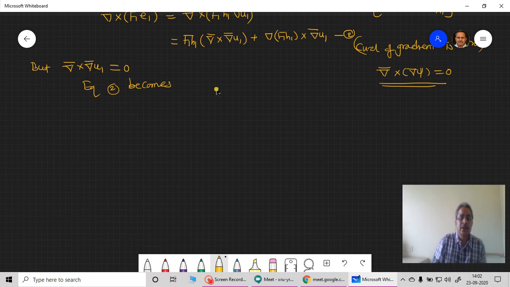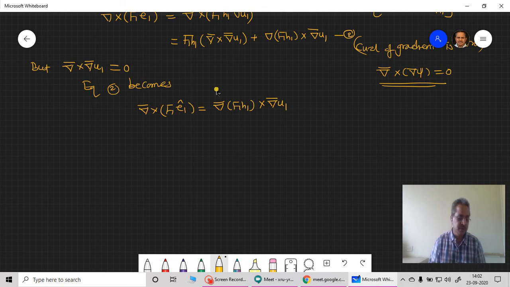I can write del bar cross, the left hand side was this, F1 E1 cap, is equal to, simply what remains, del bar F1 H1 into del bar cross U1.